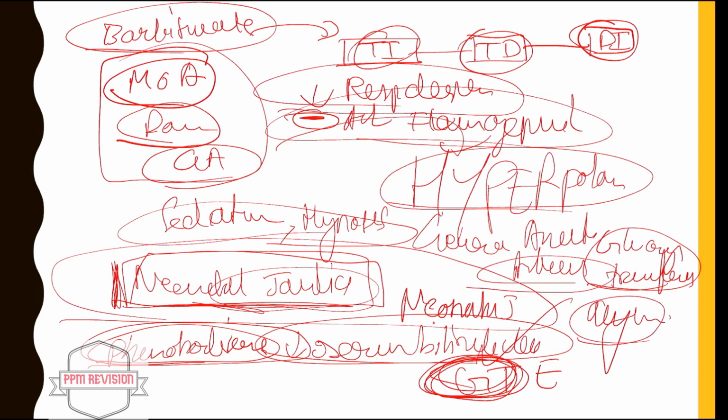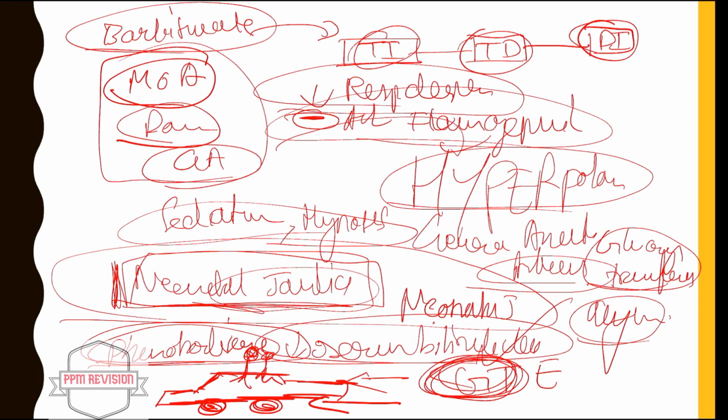Okay, so hastens metabolism of bilirubin, so I'll draw a car here in case you remember. Going very fast, this is nothing but GT, glucuronyl transferase. This is in case of barbiturates. So just imagine a Barbie going in the car. So this is how you remember.